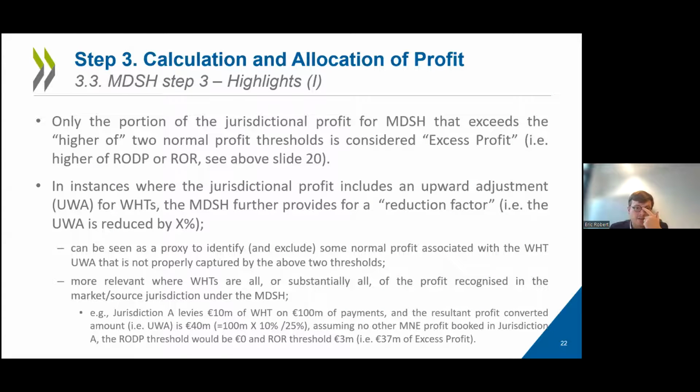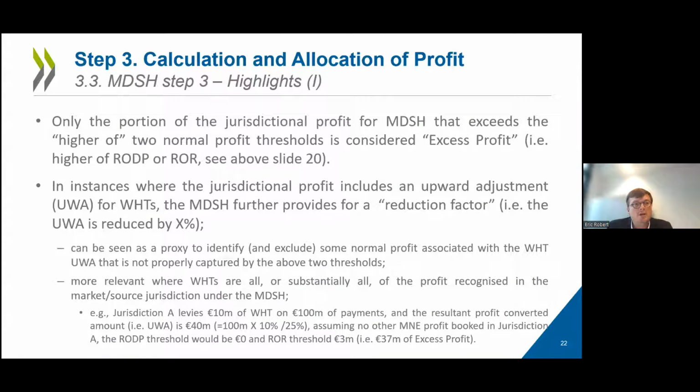So in that particular example, out of 40 million of profit recognized in the jurisdiction under the MDSH calculations, 37 million of profit would be treated as excess profit if you only applied the general rules. And that's where the reduction factor comes in and applies some specific cuts, adjustments to that amount to recognize an additional amount of normal profit.